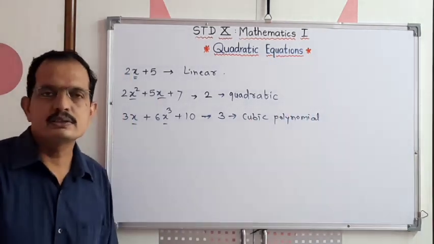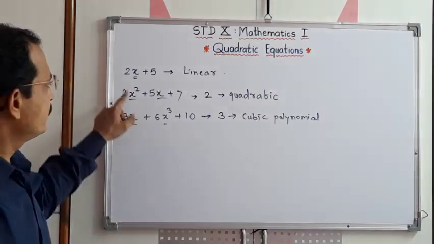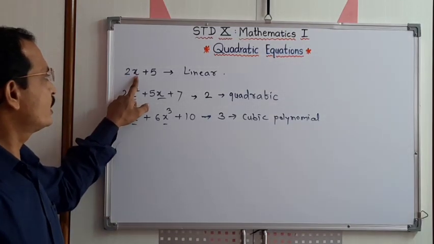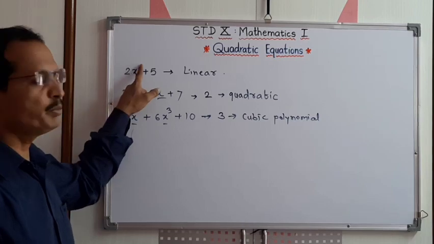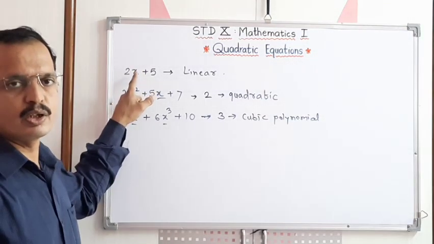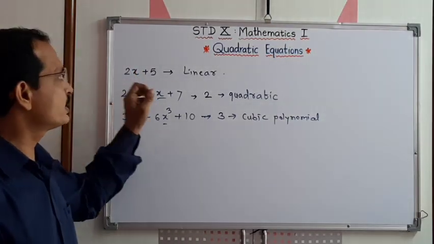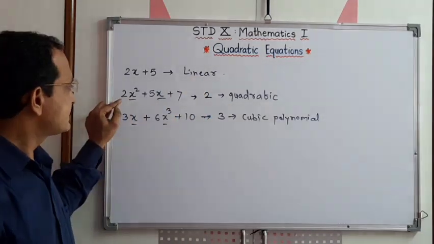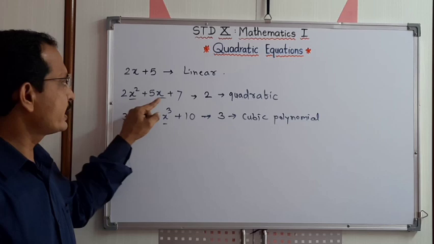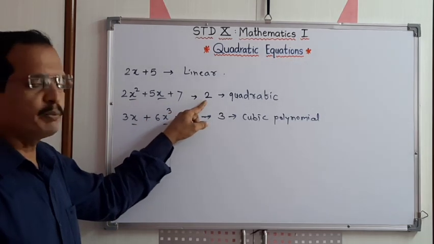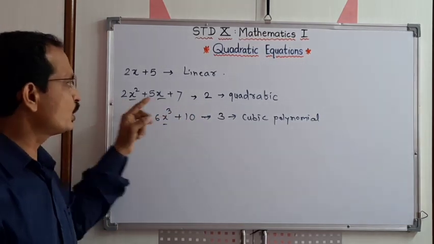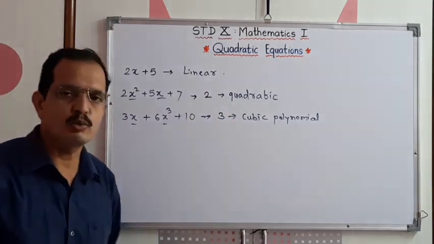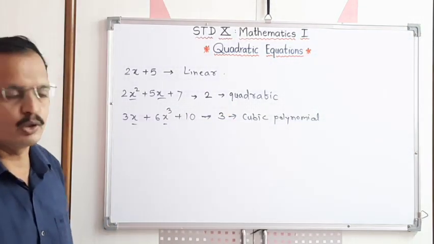Dear student, this is about polynomials. In this expression the variable is x and the maximum index or degree of this variable is 1, therefore this polynomial is called a linear polynomial. Second, 2x square plus 5x plus 7, the maximum degree of this polynomial is 2, therefore it is called a quadratic polynomial.